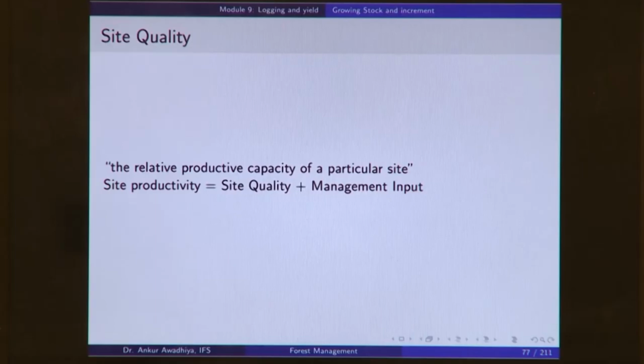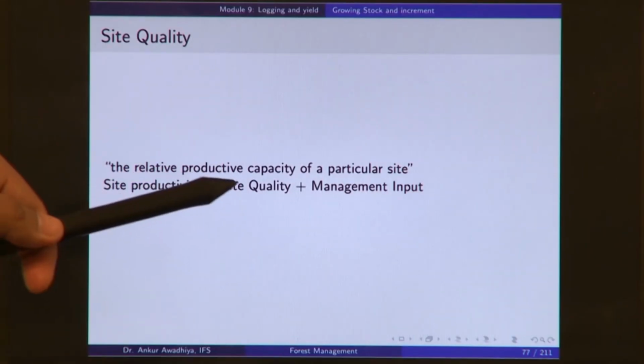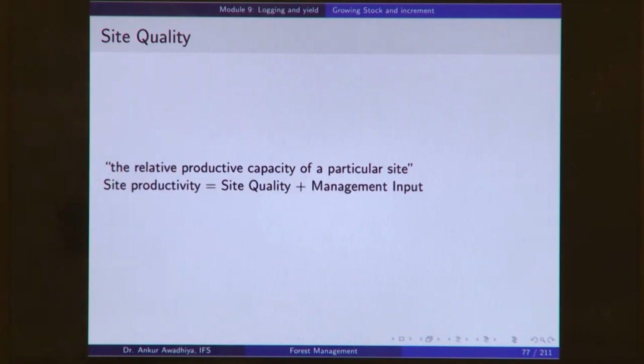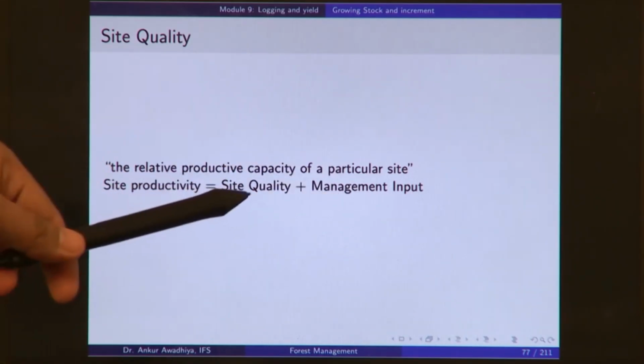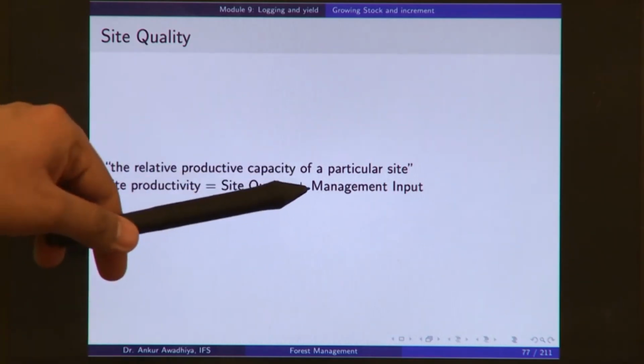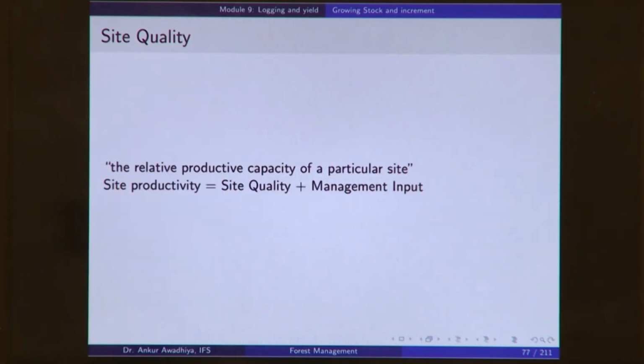So, when we talk about site productivity, it depends on the site quality and the management input. But if we only talk about the site quality, if we do not do any management input, we are not increasing the fertility of the soil, we are not going with any plantations, we are not doing scientific thinning.